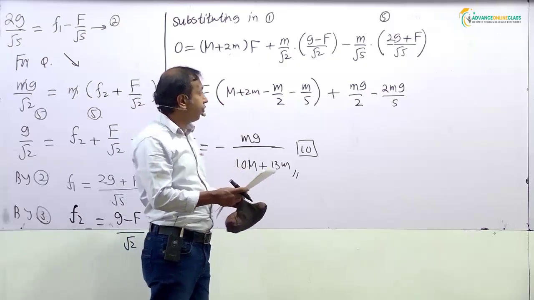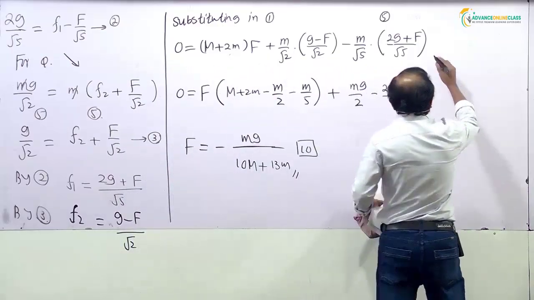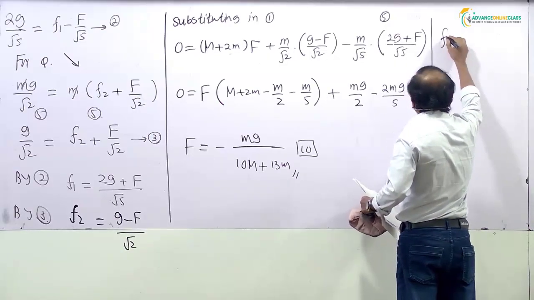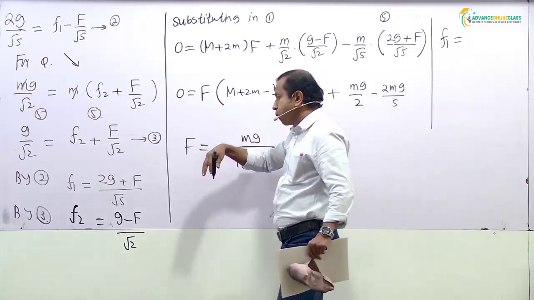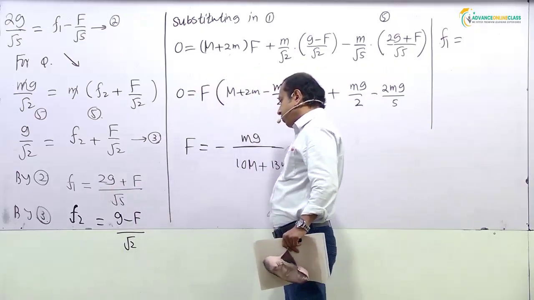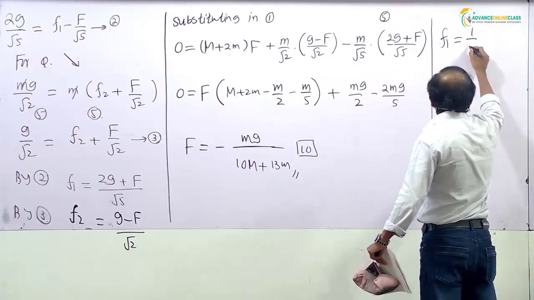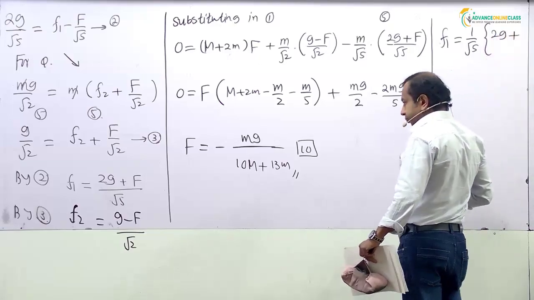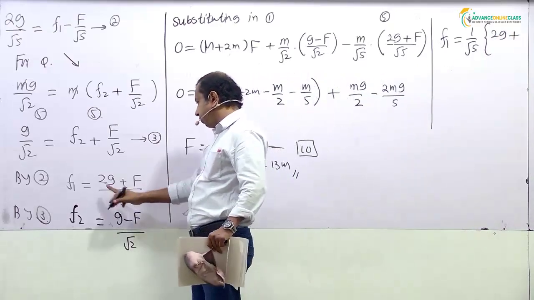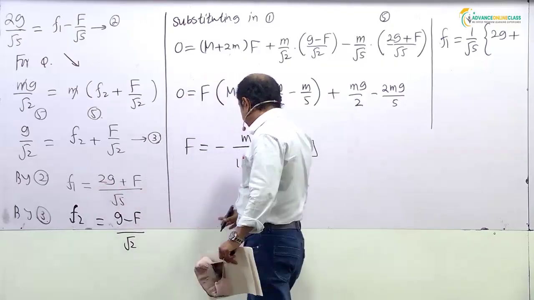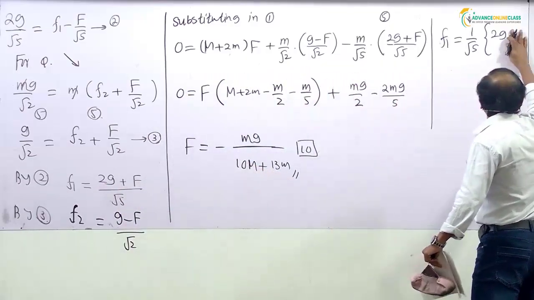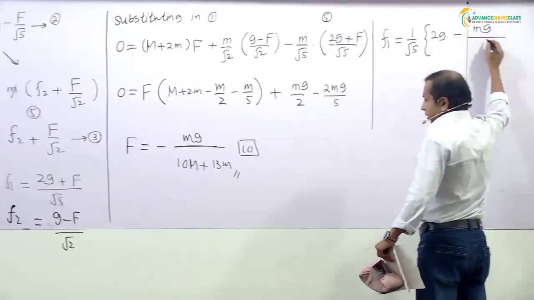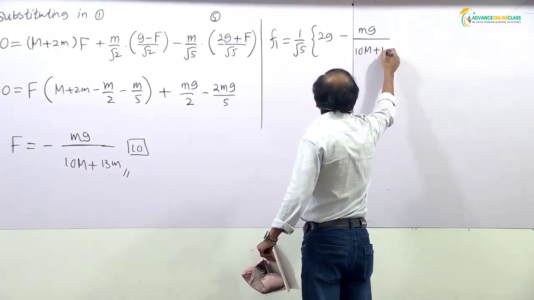Yes, now F1 and F2, simple F1 and simple F2, you can take. Simple F1 is really this answer, no? 1 over root 5, 2g. This root 5 I wrote as 1 over root 5, 2g plus F. F is this answer, minus mg over 10m plus 13m.